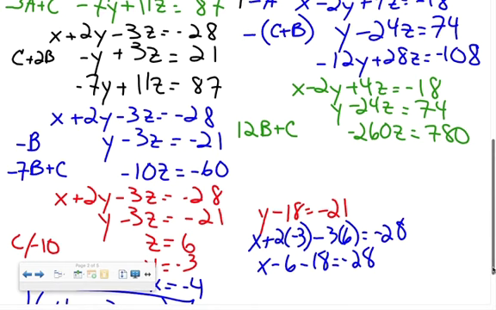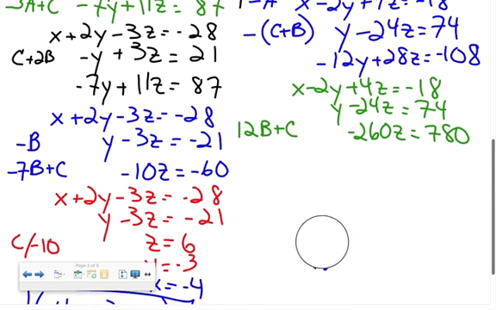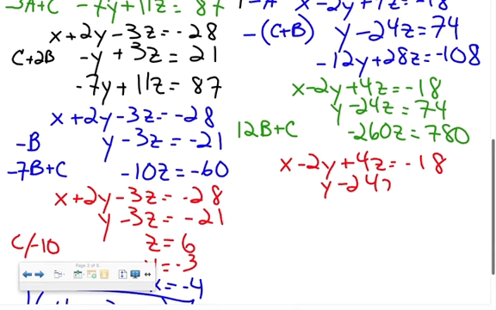Take that third equation: first equation stays the same, second equation stays the same, third equation is C divided by negative 260. And that just gives me z equal to negative 3.